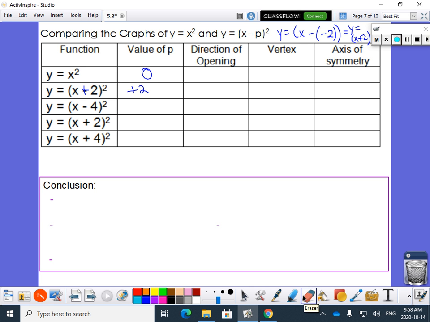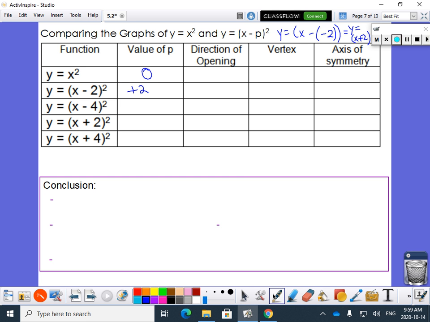If we look at this equation, up here is our general vertex form, and this one is in this form, y equals x minus p squared.